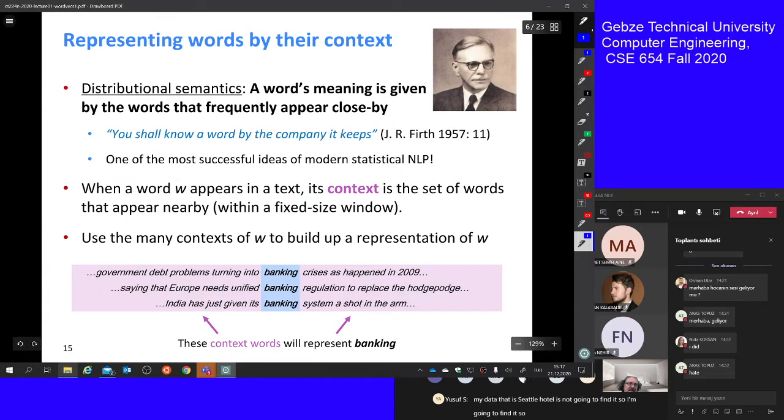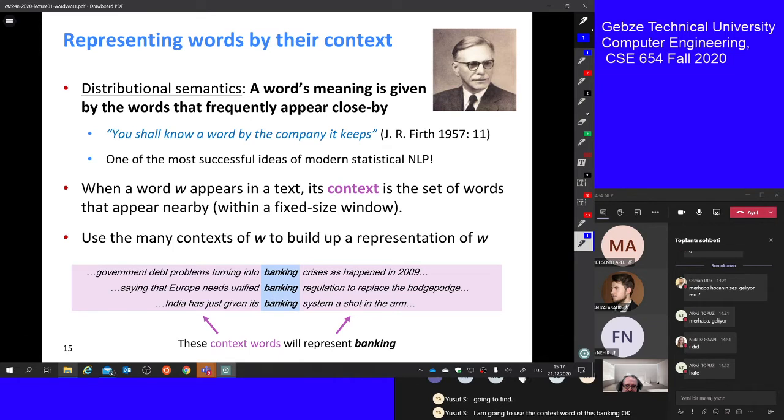Again, this saying: you shall know a word by the company it keeps. One of the most successful ideas of modern statistical NLP. I am going to use the context words of this word, banking.